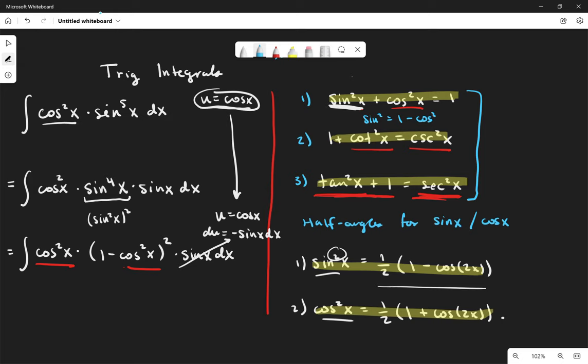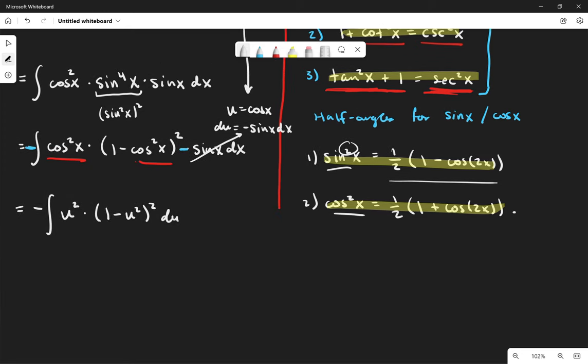So I can throw in that negative sign, and I get negative integral of u squared times 1 minus u squared, squared. Now it looks kind of gross, but it's actually just a power rule if I simplify. It becomes u squared, and I'm going to FOIL this out: 1 minus 2u squared plus u to the fourth.